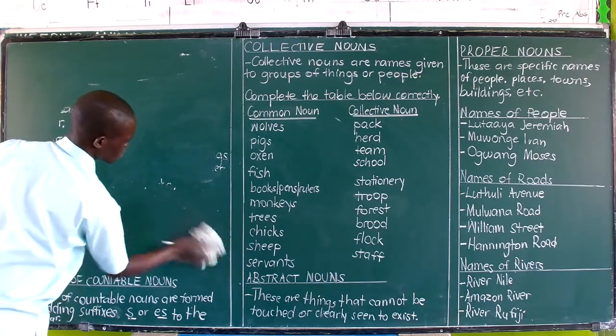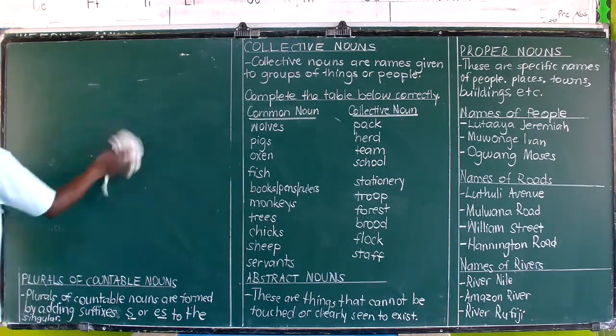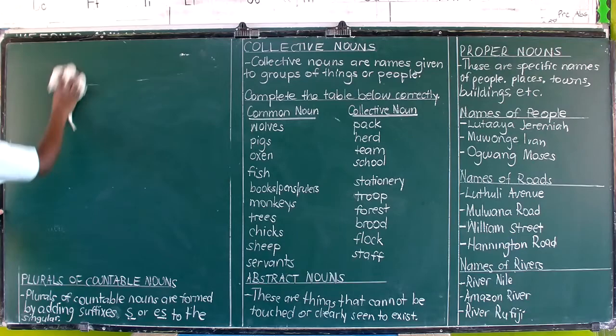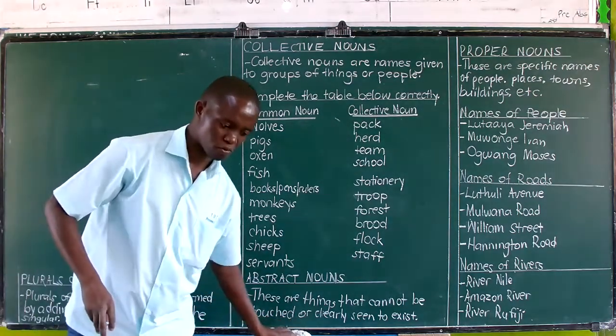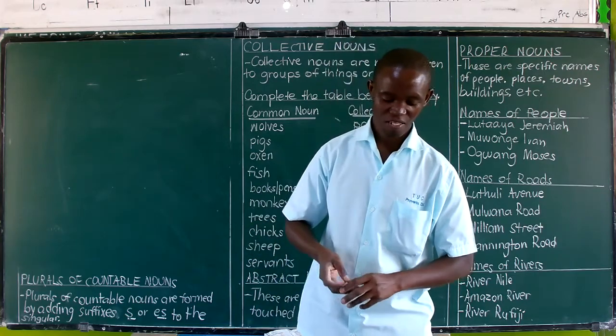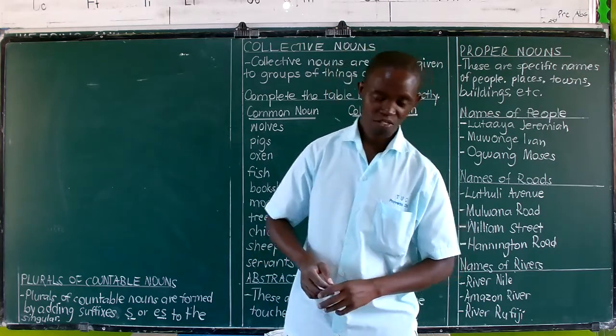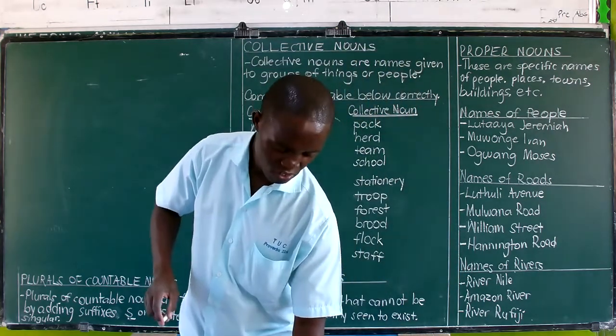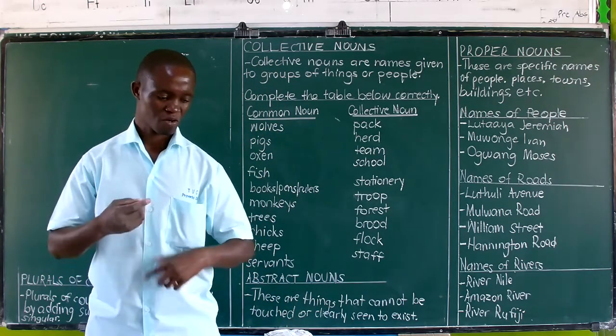Those are the nouns we are talking about. You'll see words like match, hero, cockroach, branch, beach. All those words are in that category of nouns whose plural forms are got by adding ES to the singular.